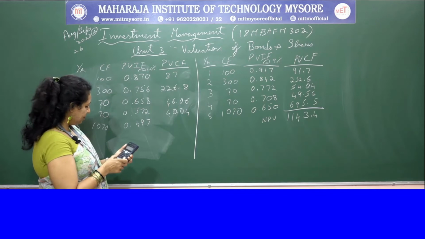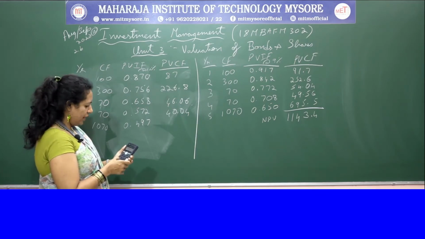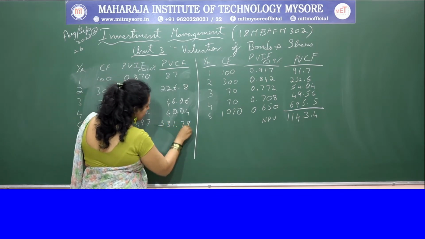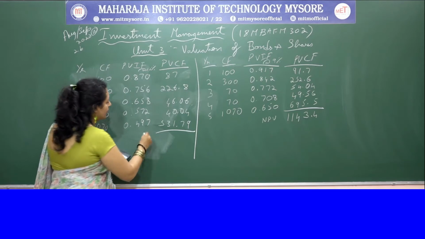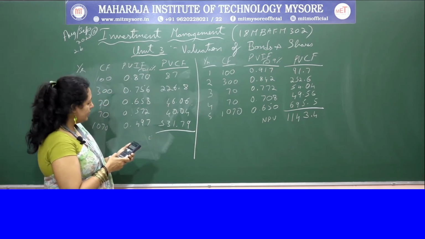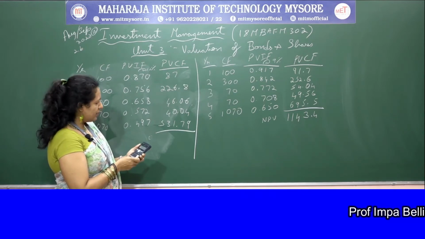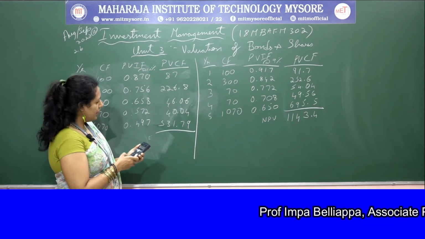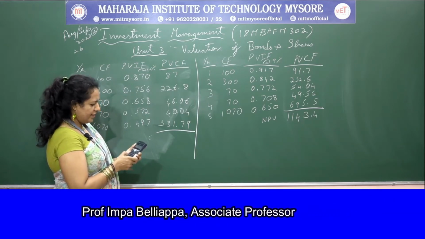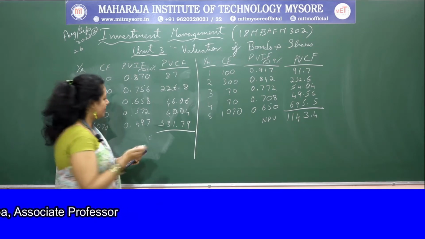And last one, 1070 into 0.497, you get 531.79. Now I am going to summate it: 40.04 plus 46.06 plus 226.8 plus 87. You get 931.69.